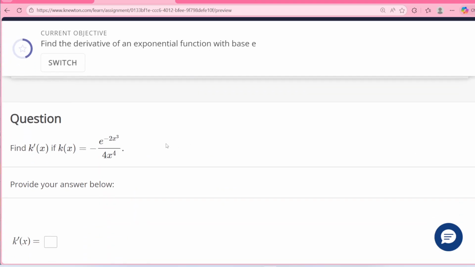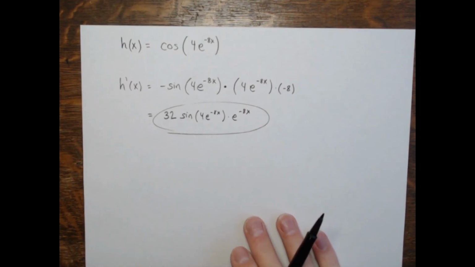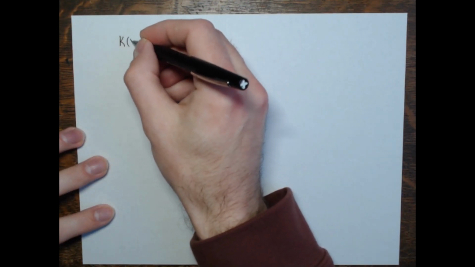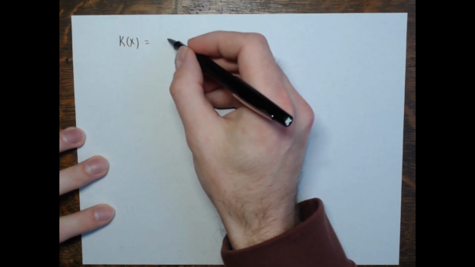All right, then here's one where, now again, I could rewrite this so I can use the product rule. I'll use the quotient rule. What the heck, I haven't done it yet in this video, so let's go through and do the quotient rule on this one. So I'll leave it as a fraction. k of x equals, and I'll put that negative up top.